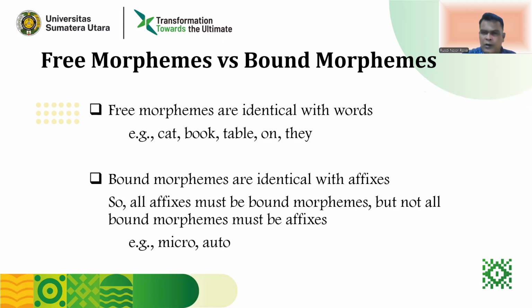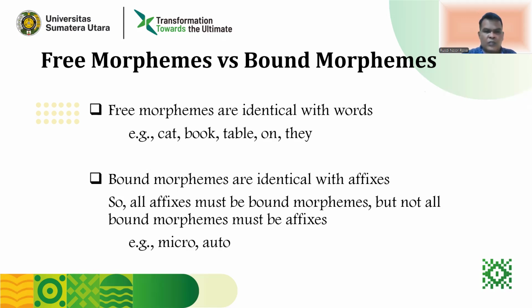Therefore, micro also belongs to bound morphemes. It doesn't belong to affixes, but it belongs to bound morphemes. You cannot use micro standing alone as a word. So it must be attached to another morpheme. For example, microscope, microlinguistics, and so on.